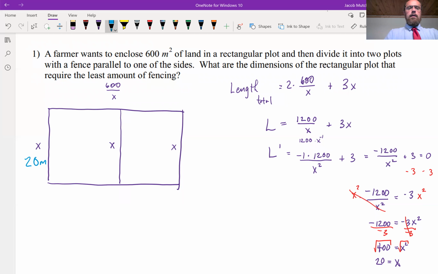And then the upper part and the lower part are going to be 600 divided by 20, which is going to be 30. And that would minimize the amount of fencing that I would have to use to create a plot of ground that would have an area of 600 square meters.